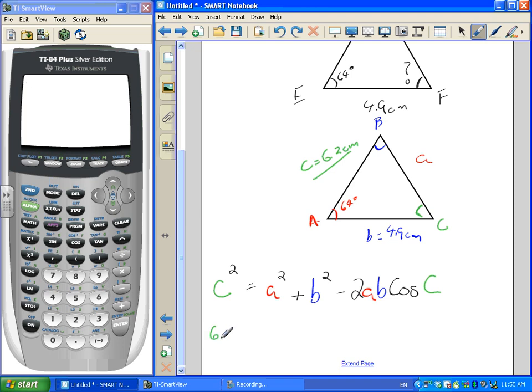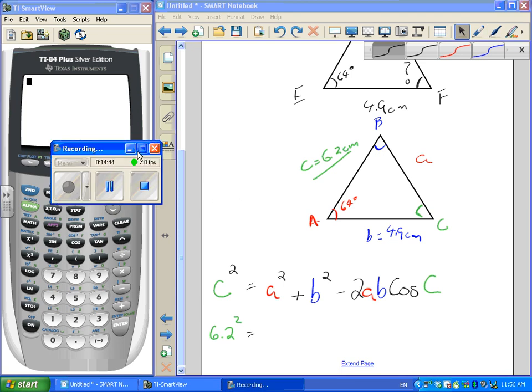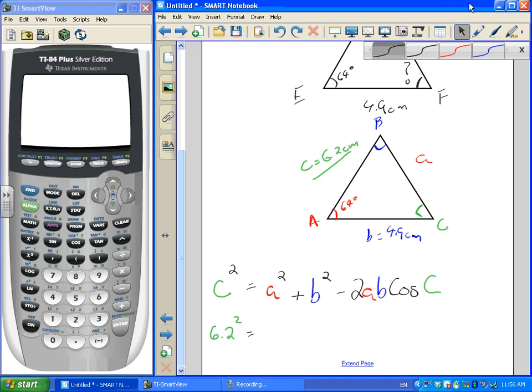So I'm going to have 6.2 centimeters squared is equal to, oh geez, hold on. Sorry about that, guys. We need to have side A in order to solve for this. Otherwise, we have too many variables. Side A is 6 centimeters, okay?